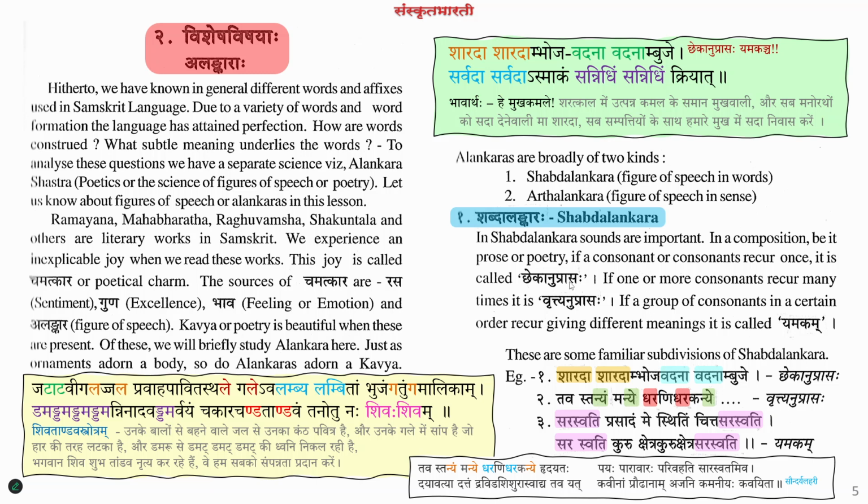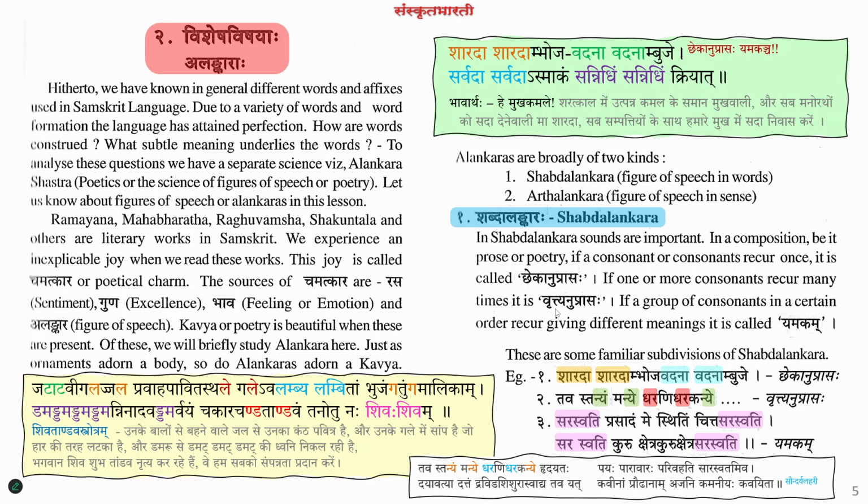So, Chekanuprasaha. Anuprasa literally means rhyming. If one or more consonants recur many times, it is Vrityanuprasaha. So Cheka is like a simple first-level recurrence, once, so two elements are found, like ka.